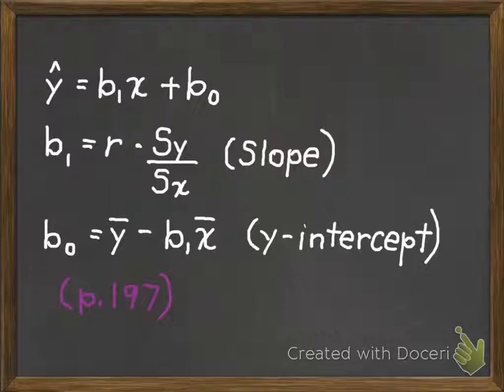So here they're giving you the form that they're using. They're telling you the notation for the slope, the x-coefficient, and the notation for the y-intercept, the y-coordinate of the y-intercept.